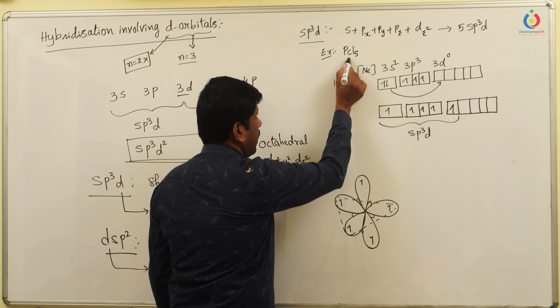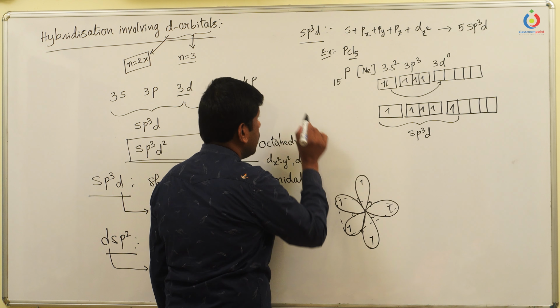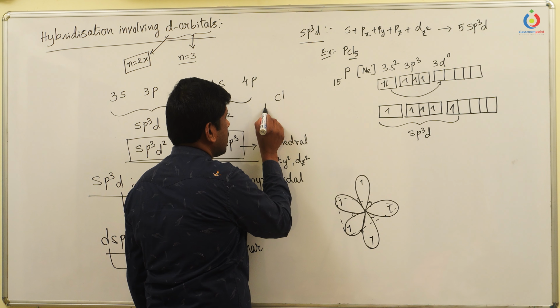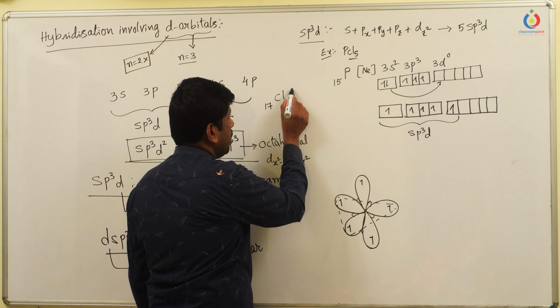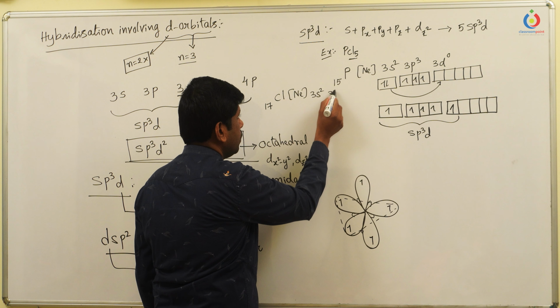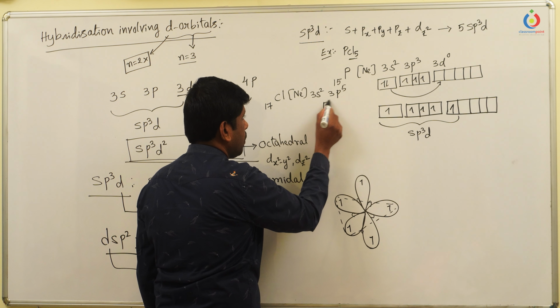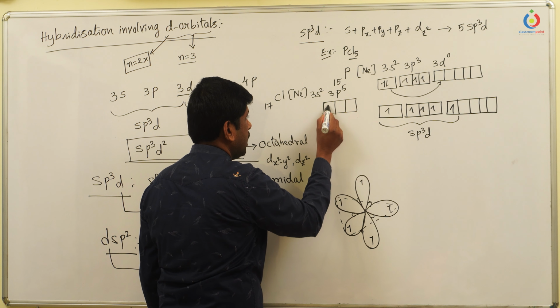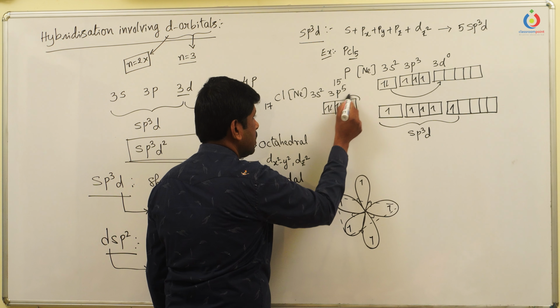Now in PCl5, chlorine, as we already discussed in our previous classes, has atomic number 17, electronic configuration neon 3s2, 3p5, where chlorine has one unpaired electron in its valence p orbital.